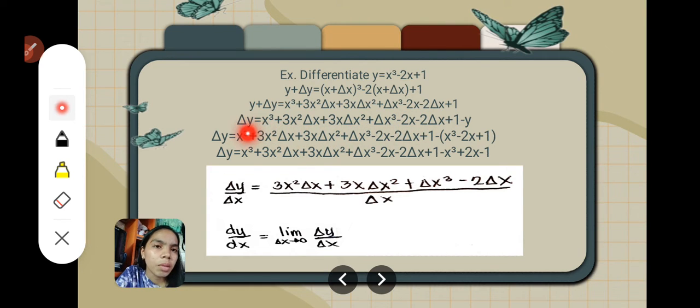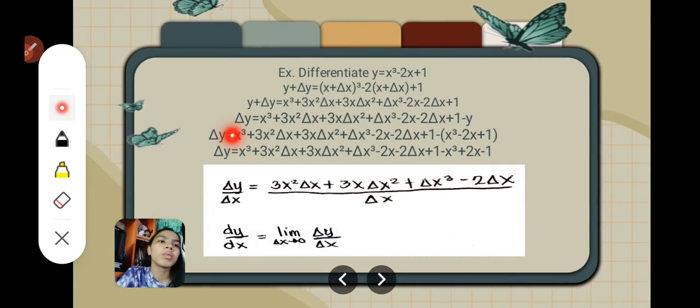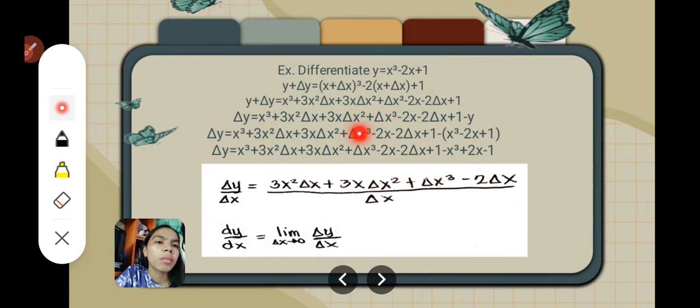For step 2, we will subtract y. We will transpose y and it will become negative. So this will be the equation: delta y is equal to x cubed plus 3x squared delta x plus 3x delta x squared plus delta x cubed minus 2x minus 2 delta x plus 1, and negative y.